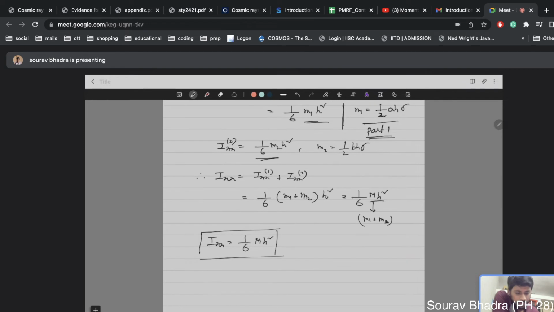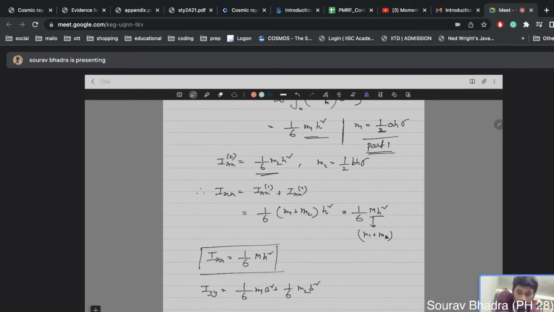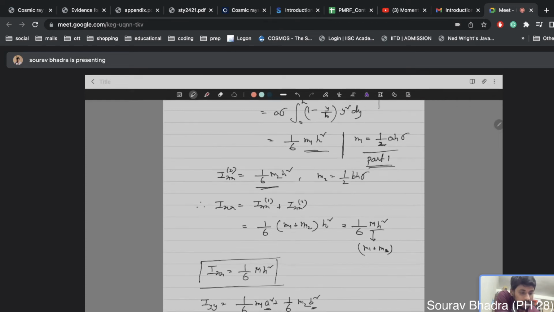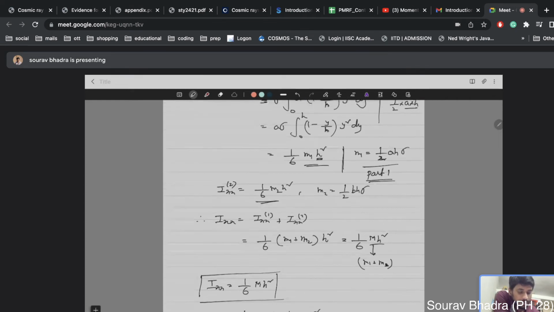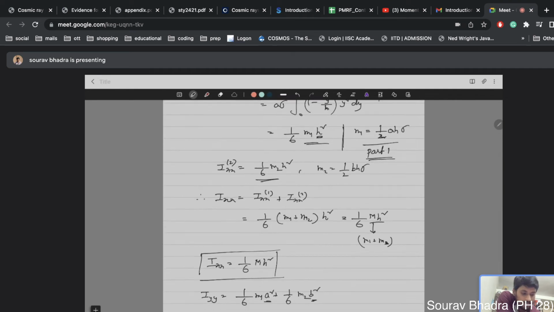Similarly, in a similar way, if you calculate your iyy, you will get 1/6 m1 a square plus 1/6 m2 b square. So in that case, you will get the result in terms of a and b, not in terms of h, as I got here in terms of height h.